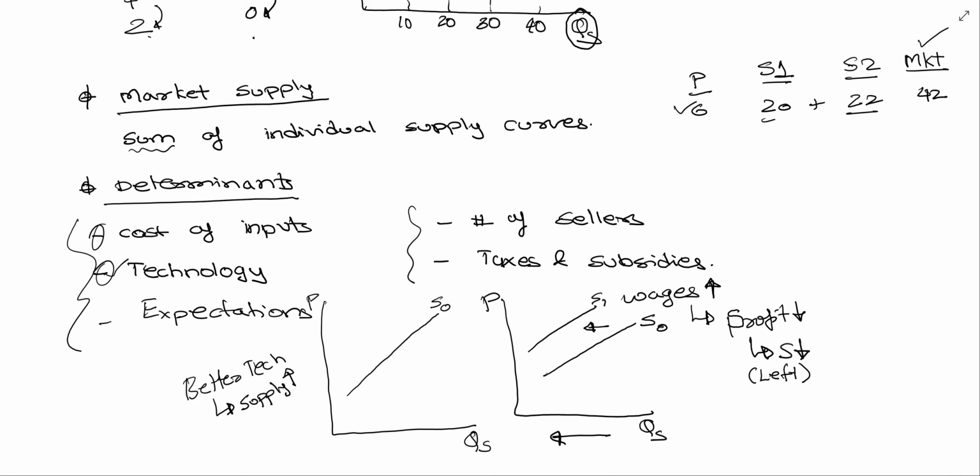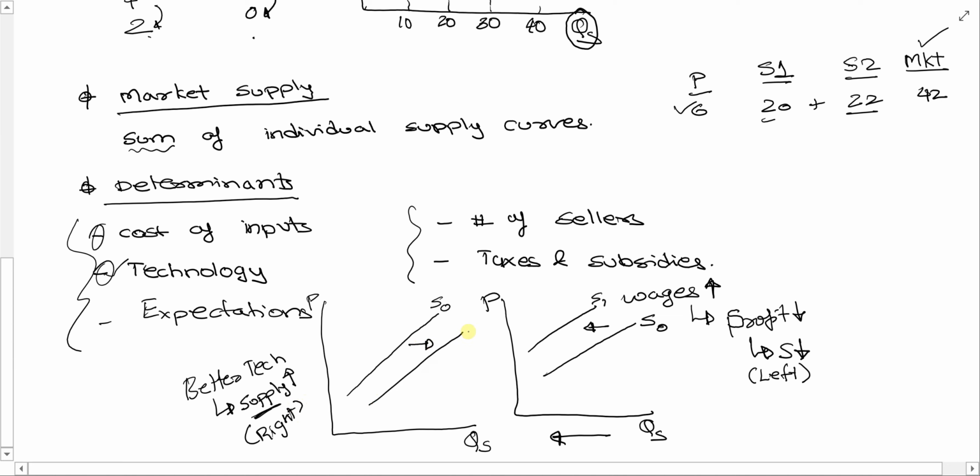So improved technology allows us to supply more, and this can be captured by shifting the supply curve to the right. Notice quantity is measured on the horizontal axis, and more quantities would mean a rightward shift of the curve, and less quantities would mean a left shift of the curve.